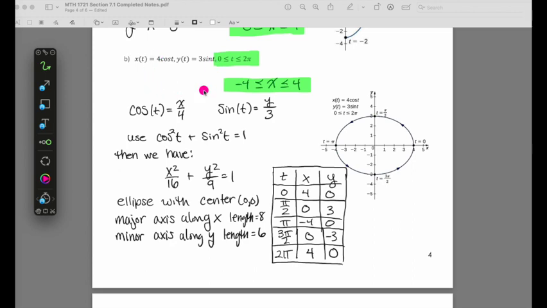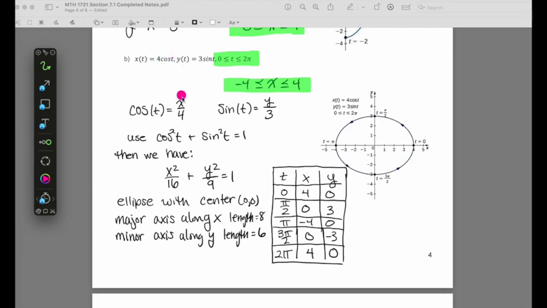But then I realized I would run into a problem because if I have nested trig functions that involve inverses, then we're going to run into the issue of restricted domains that might not match with this. Because cosine and sine are not one-to-one functions, and that might cause an issue. So we can go about this a different way.